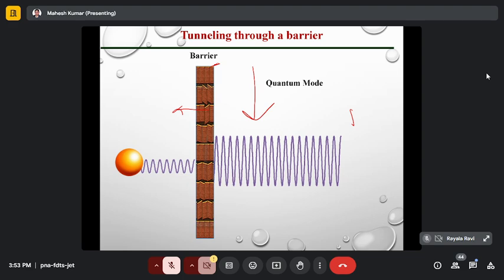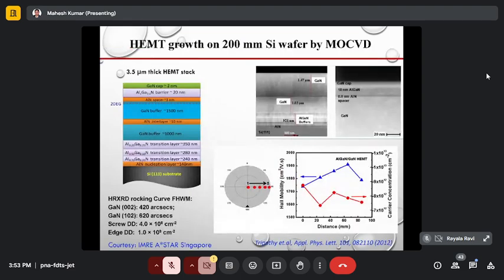We can consider these electrons as waves and explain it using the tunneling phenomenon. So we have to play with how thick the aluminum gallium nitride layer should be, and generally we keep it around 20 to 25 nanometers.